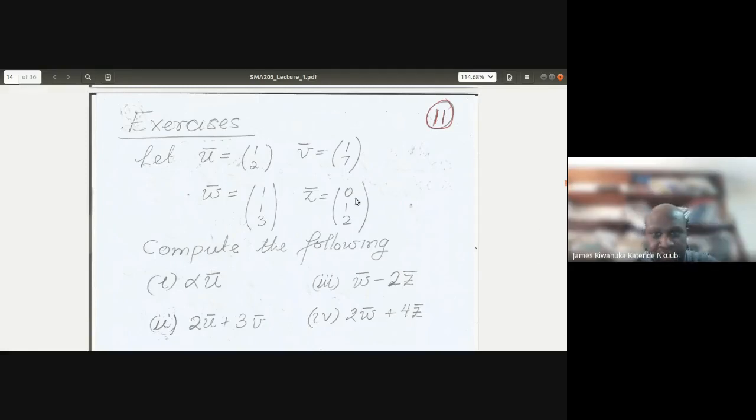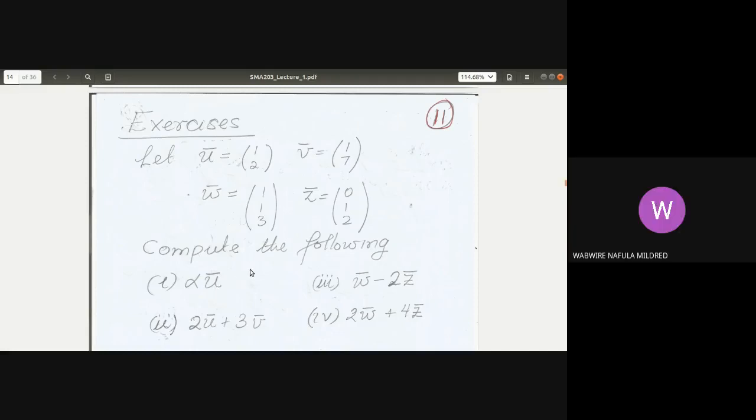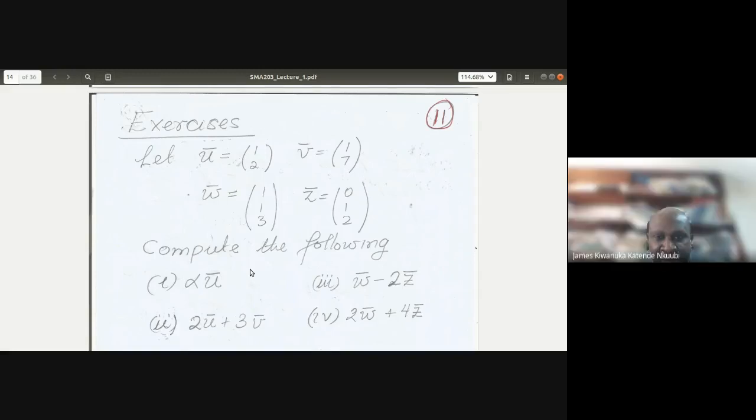So have you completed? Yes. So what's the answer to the first one? The first one is alpha 1, alpha 2. Where are you getting alpha 1?